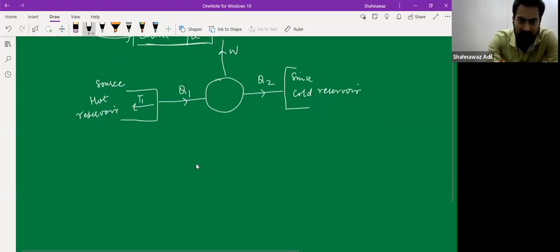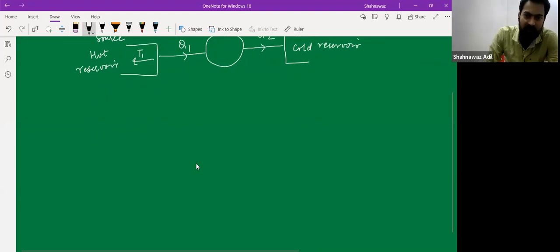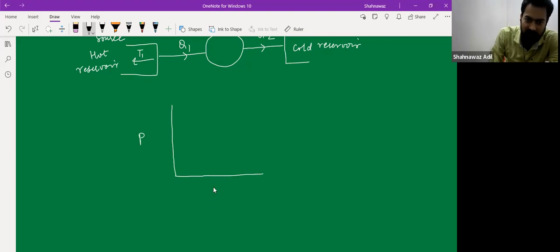And as I have said, this is based on the Carnot cycle. So what is a Carnot cycle? The Carnot cycle says that we can get maximum efficiency if we follow this cyclic process.